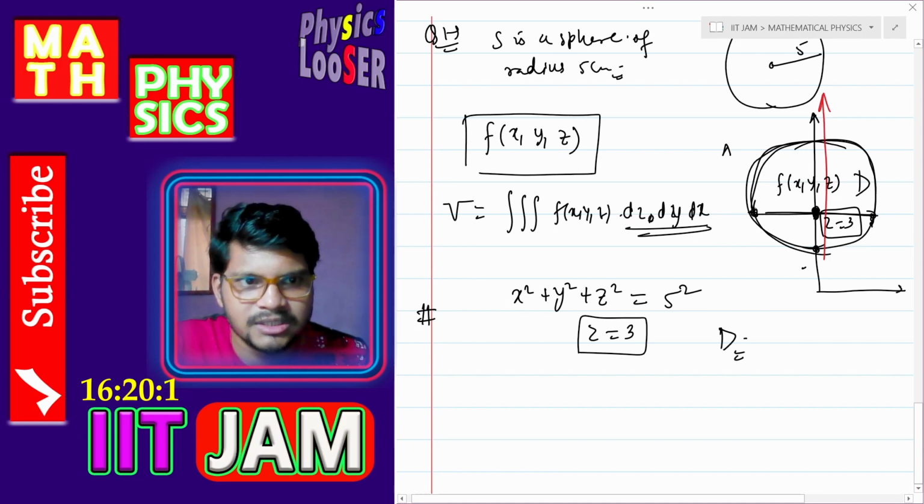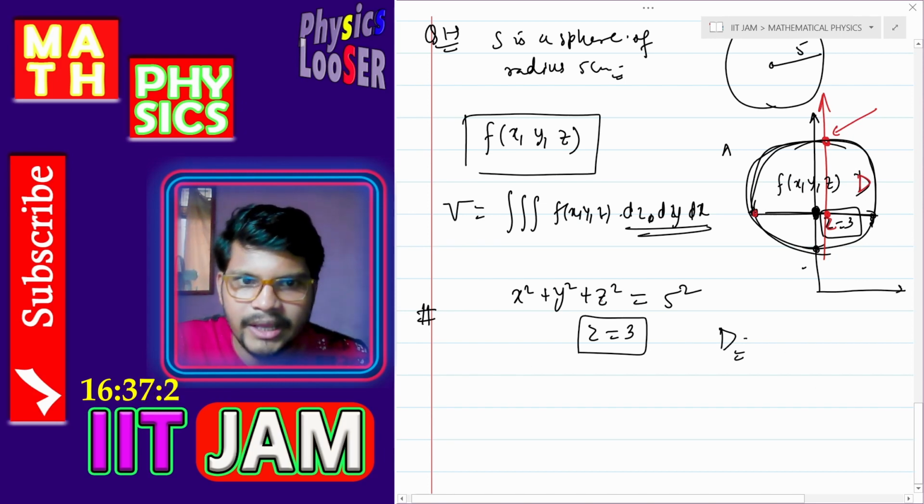Since I am doing the integral in this region, which is constrained in this particular region, my lower limit would be z is equal to 3.